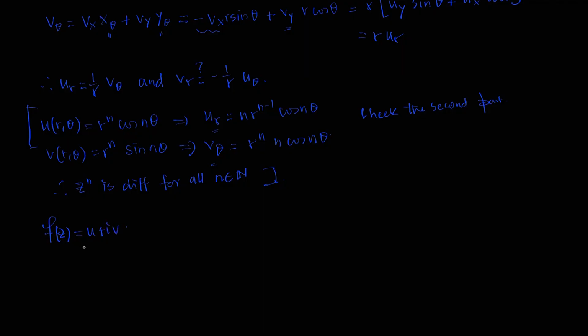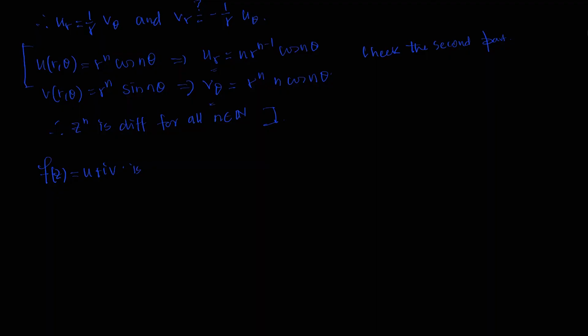And if it is differentiable in some domain omega subset of C, then ux equals vy and vx equals minus uy. This is always true.